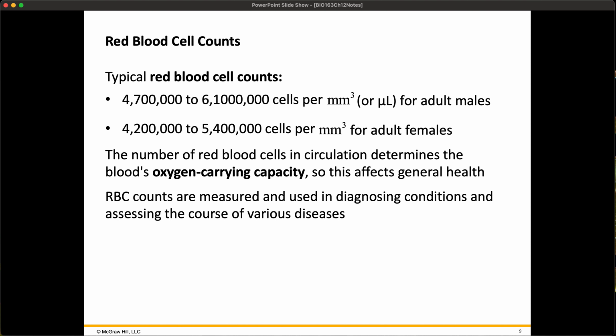And so athletes will sometimes go and train at higher altitudes to force their bodies to make more red blood cells. That then gives them a higher oxygen carrying capacity and more energy availability, because energy production is determined by oxygen availability for the most part.